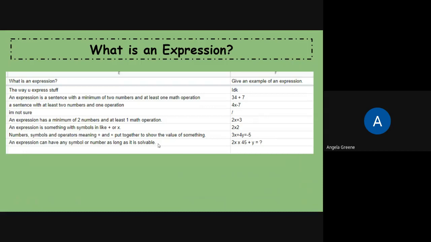And that's okay. You're allowed to be honest. I want you to be honest. An expression is something with symbols in it like plus or times. Numbers, symbols, operations, meaning plus or times, put together to show the value of something. An expression can have any symbol or number as long as it is solvable.